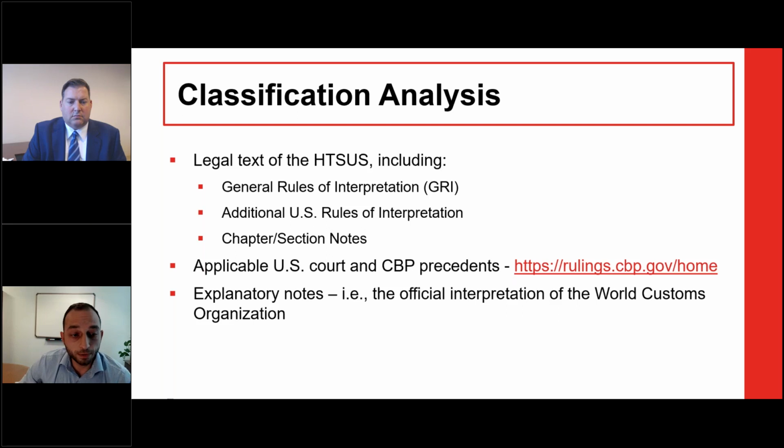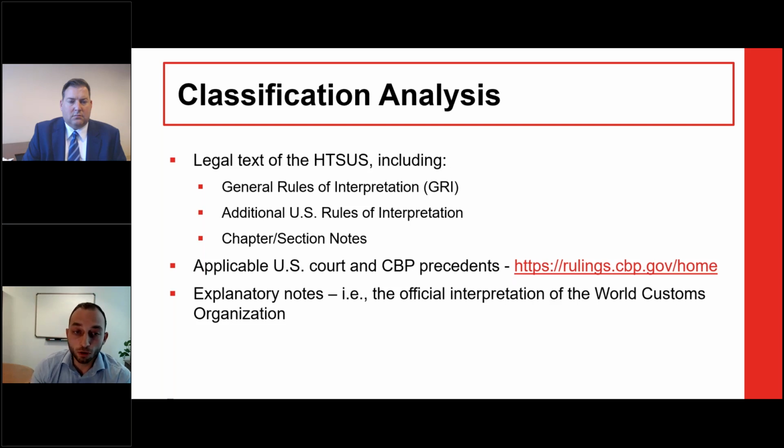In general, the classification analysis starts with determining the first 4 digits of the product, because according to General Rule of Interpretation 1, you need to make sure that the terms of the heading capture the product that you're importing.